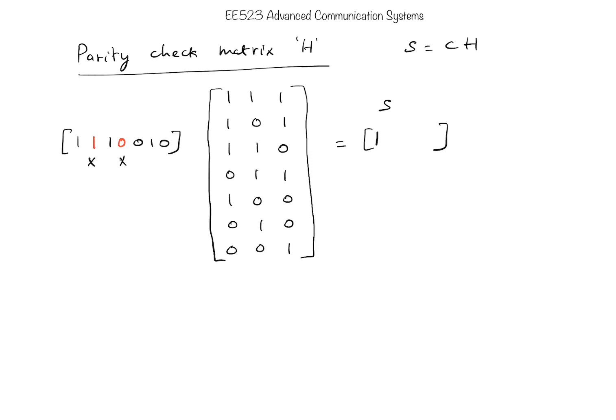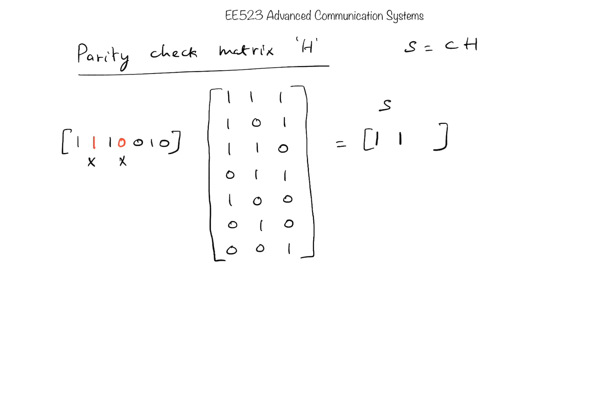Now we repeat the same thing with the second column of the parity check matrix. 1 into 1 is 1, 1 into 0 is 0, 1 into 1 is 1, so that's 2, 0 into 1 is 0, 0 into 0 is 0, 1 into 1 is 1, so that's 3, and 0 into 0 is 0. So we have a total of 3, modulo 2 makes it 1, right? So 3 modulo 2 is 1.